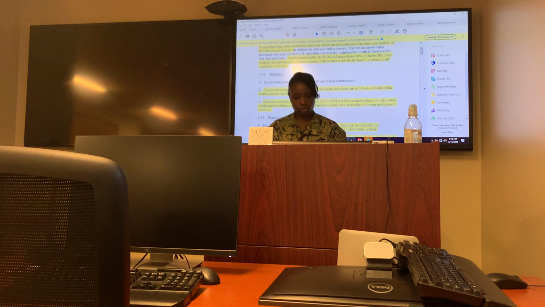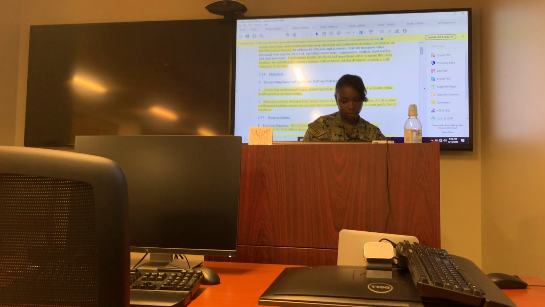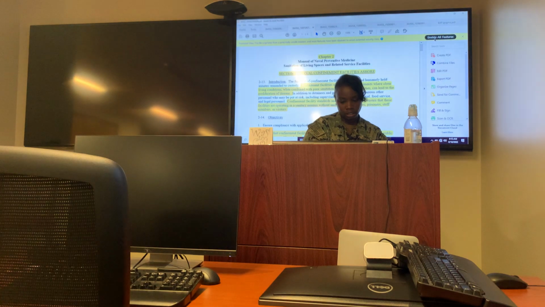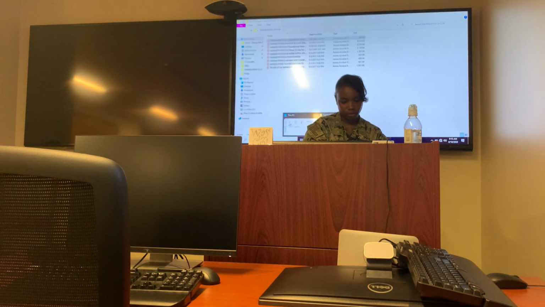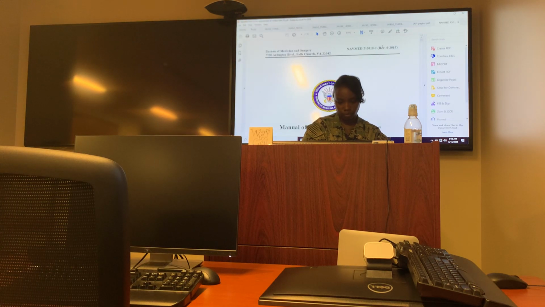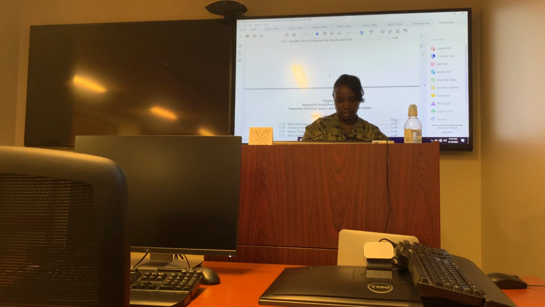Chapter 2, for whatever reason, I don't have that one with the highlighted portions. But if you want to see it, we can go to that real quick, so that you can follow along with what I'm saying here. Chapter 2, sanitation of living spaces. This is the same thing, except this one doesn't have the highlights in it like the other one did.